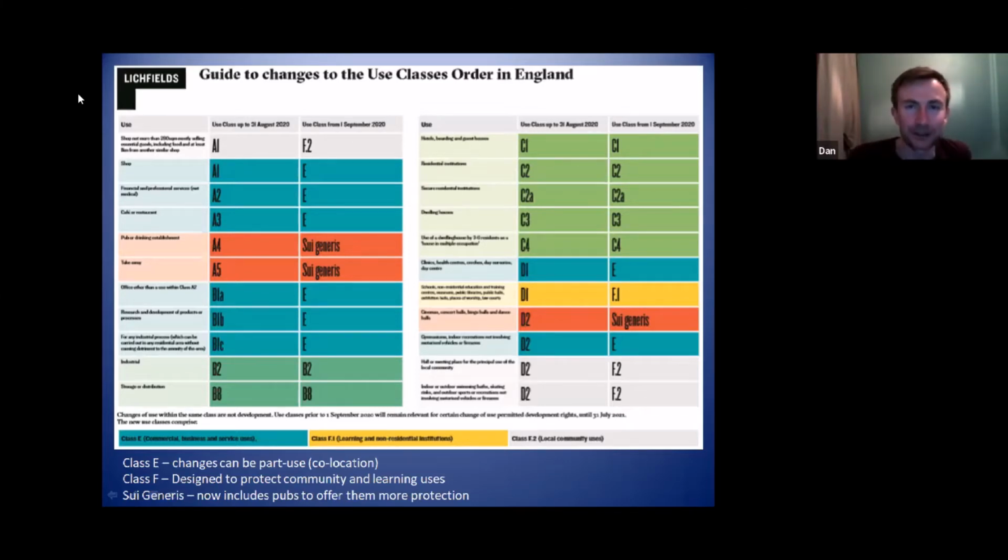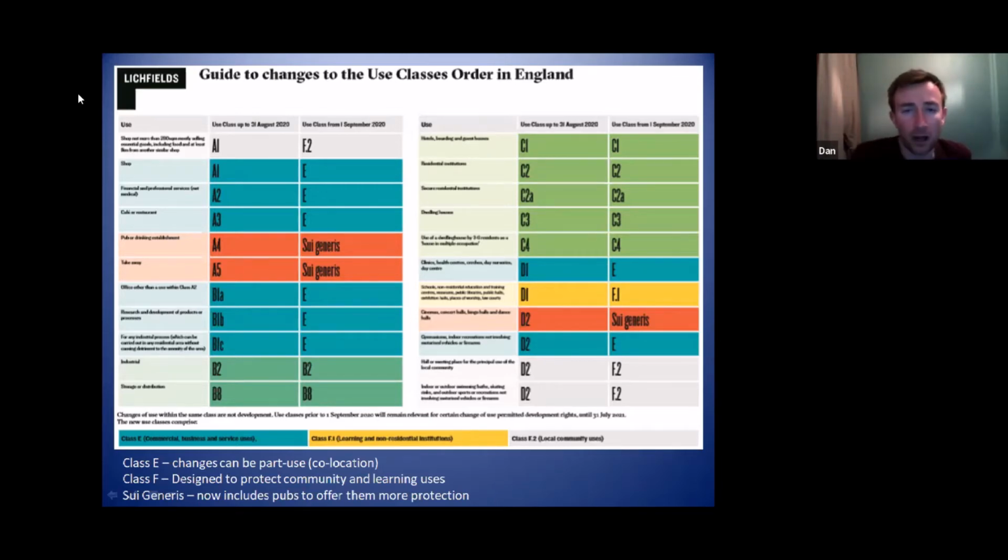But in a nutshell, it's to allow more flexibility for town centres. Basically, it's to allow people who have a shop and want to change it into another town centre type use, whether that's an office or a gym or anything like that. This will have big implications for local authorities, because a lot of their local plan policies seek to protect shops, and they want a certain percentage of shops on their high streets or city centres.